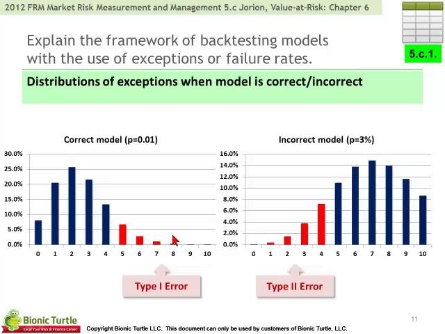But we do run the risk here of a type 1 error, to reject this model when in fact it is correct. And conversely, if we have an incorrect model with a true VAR of 97%, and it gets lucky and only produces 3 exceedances, we might rightly decide to accept that model, but we've committed a type 2 error.